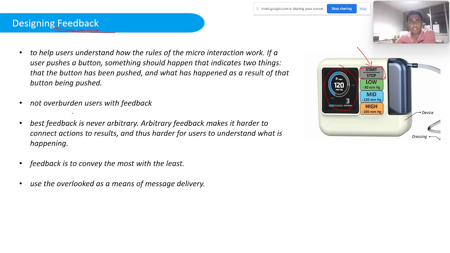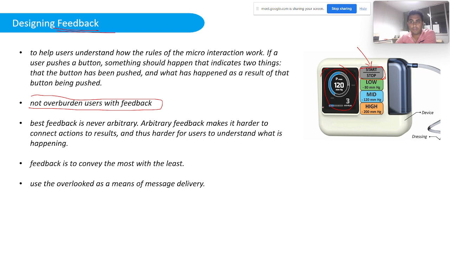Now you need to think about one thing: you should not overburden the user with feedback, because when you overdo feedback, it will increase cognitive overload. It will be information overload, which will create problems for the user in carrying out his activity.